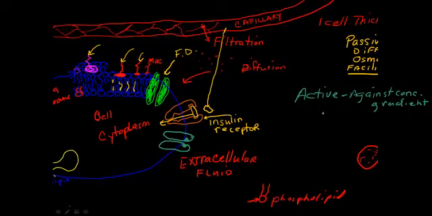And these are things like pumps, like sodium-potassium pumps, extremely important in nerve cells. Pumps, endocrine hormone receptors, to allow sugar in.